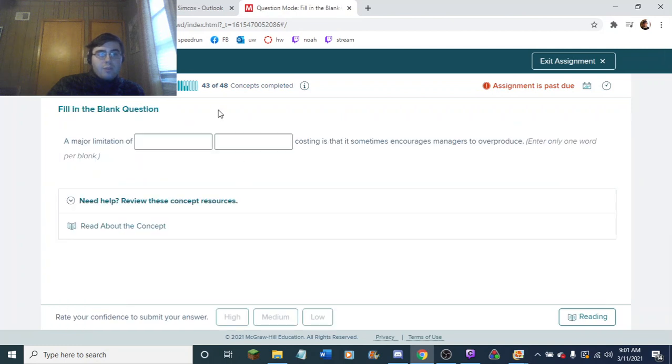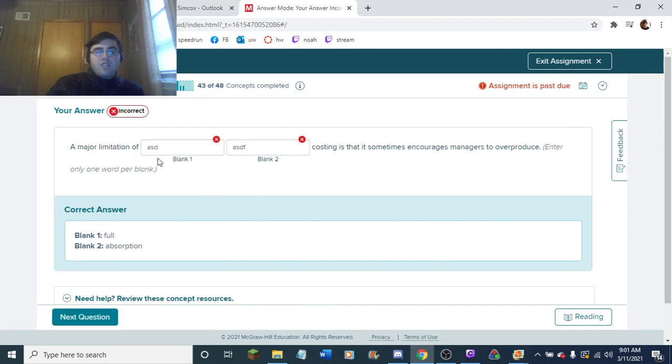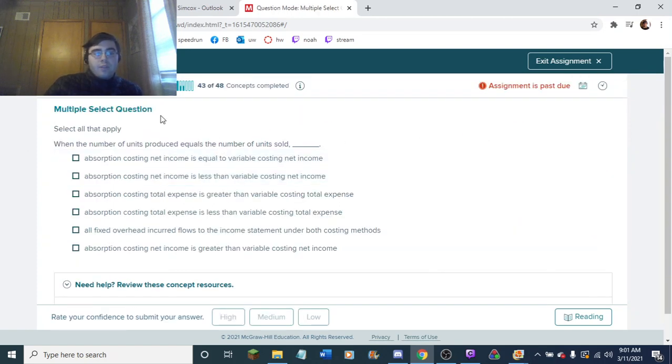It's right. Holy crap. I'm not sure. I don't know. I'm not even gonna guess. Full absorption costing. A limitation of full absorption is that it encourages managers to overproduce sometimes. Okay, when the number of units produced exceeds the number of units sold.